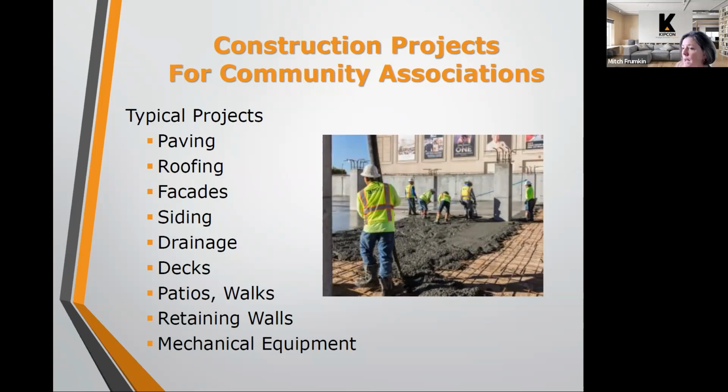I will tell you that paving and roofing and facades, anything to do with facades like vinyl siding or any sort of flashing work or anything like that, those are the bigger ticket items. Paving, roofing, those are usually the most expensive. Other projects such as decks can get quite large, but usually the bigger projects tend to be paving and roofing.